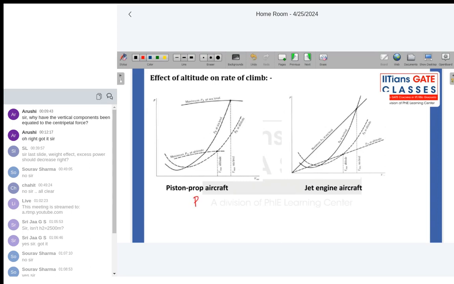This is true for both the cases, jet engine or piston prop engine. As altitude increases, there is an empirical relation for power available: rho by rho naught into power available at sea level. What happens as altitude increases is that density decreases, thereby power available also decreases.